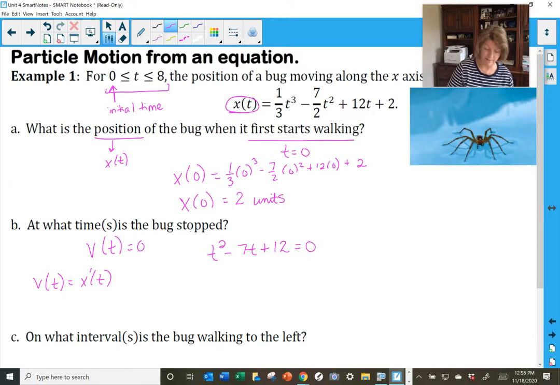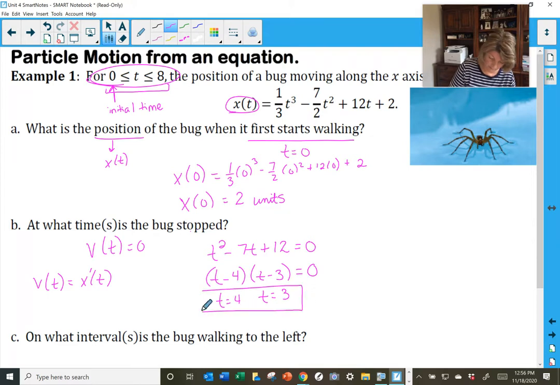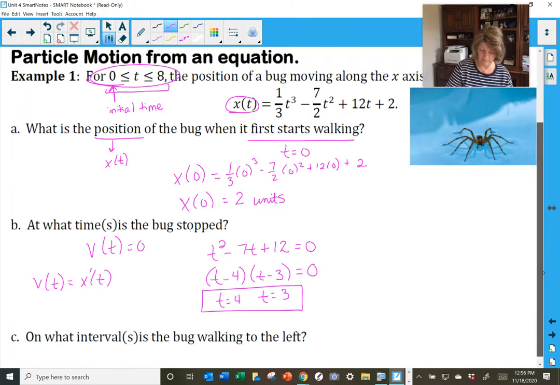There we go. Way more manageable. T minus 4, t minus 3, right? One way to find solutions to an equation or find its zeros is to factor. Looks like we get t equals 4, t equals 3. Check to make sure they're on our interval. They are. So when is it stopped? At t equals 3 and t equals 4 would be our answer.